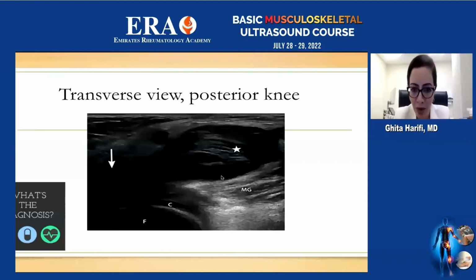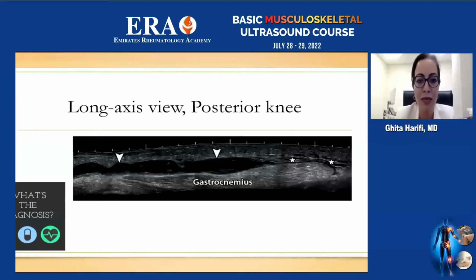But here you have quite a huge Baker cyst, quite complex because it's not the typical cyst filled with anechoic material. Rather, you have complex septa and echogenic material within the Baker cyst. And this is also something we see in chronic pathology, whether it's inflammatory or mechanical.